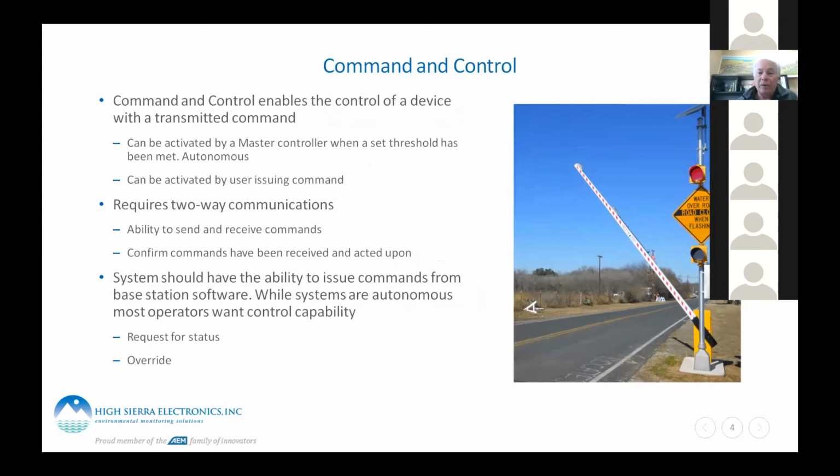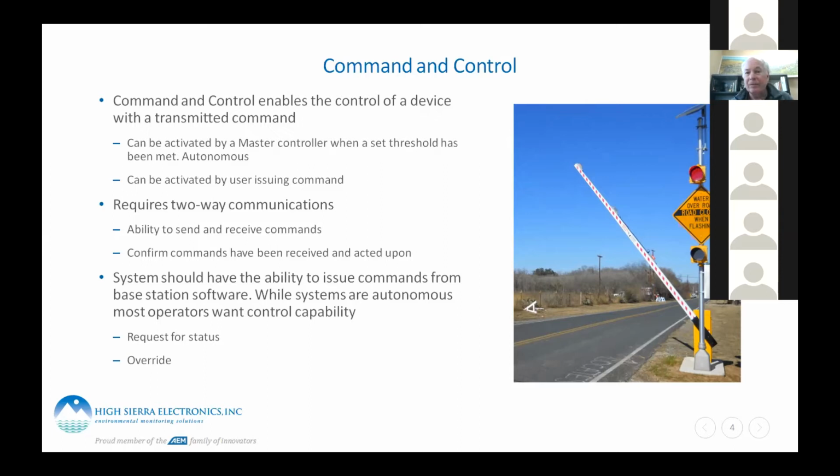We call the controlling side a master, with a set threshold telling it when to activate any of the external or remote sites that it's been told it is controlling. And this is an autonomous system, works on its own, but it can also be activated using remote commands through base station software.